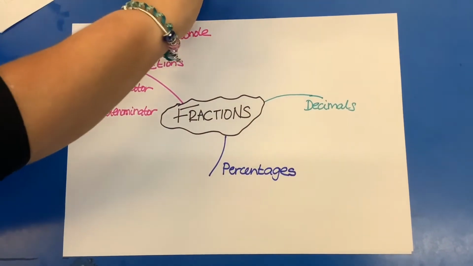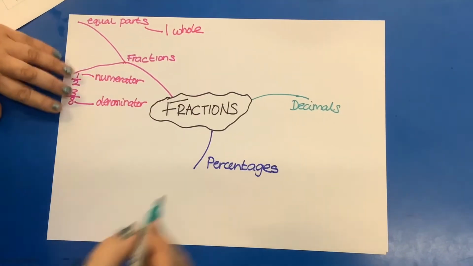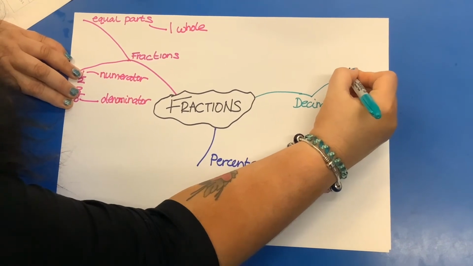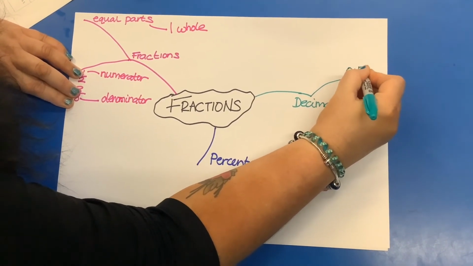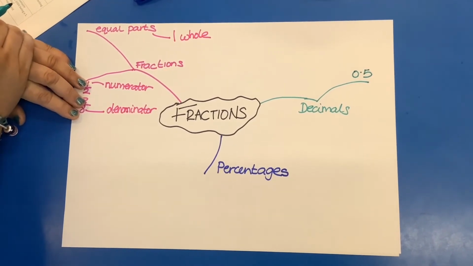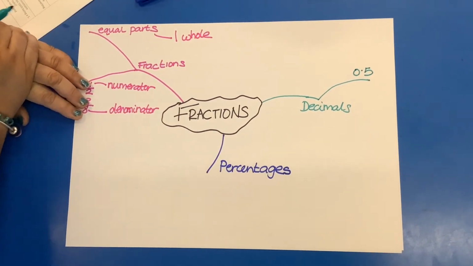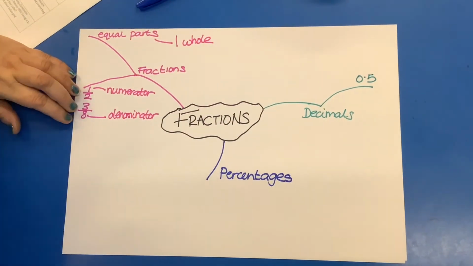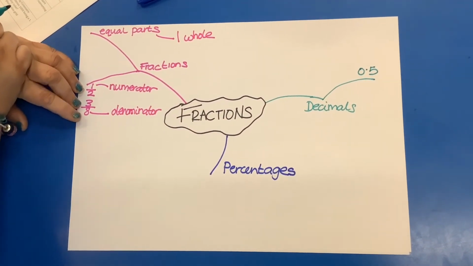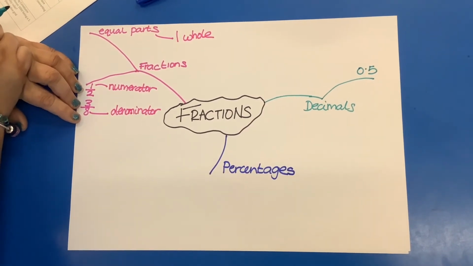So let's think about decimals. So let me think, what might a decimal look like first of all? So it might look like this, 0.5. So that might be a decimal, mightn't it? You might know what that as a decimal is equivalent to as a fraction. So maybe you could write that. I think, what else do we think about, what words do we use?